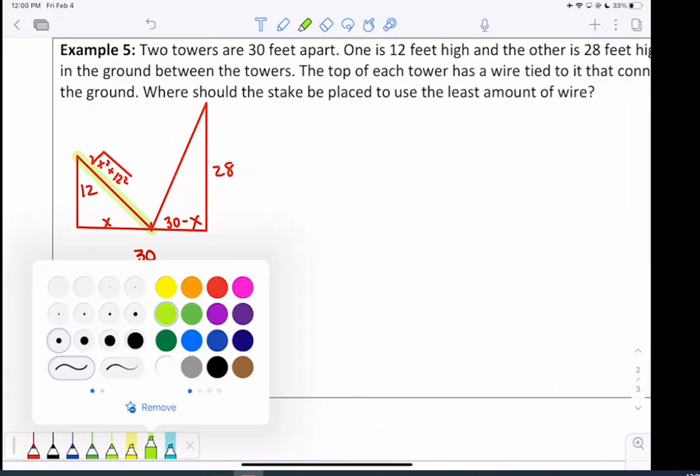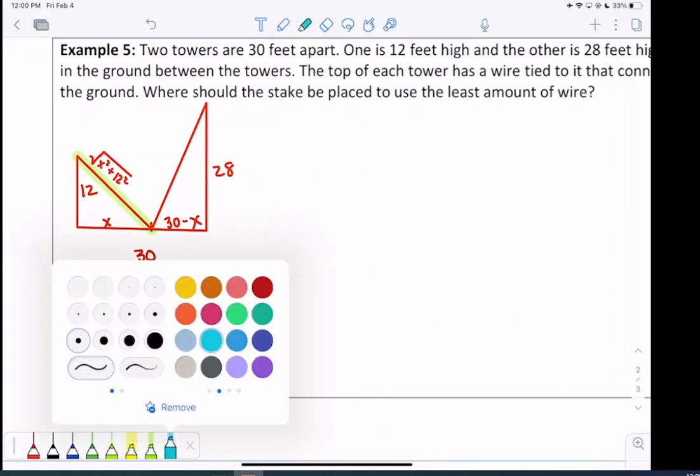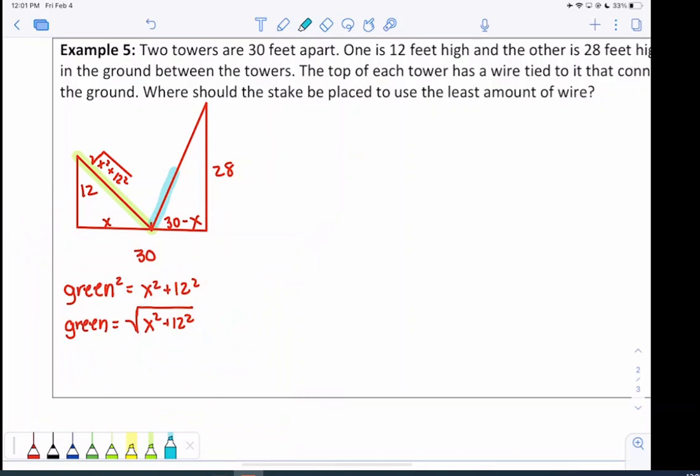Now, let's do blue. My blue side, my Pythagorean theorem tells me hypotenuse squared, so blue squared is equal to what? My other side squared, 30 minus x squared, plus 28 squared.